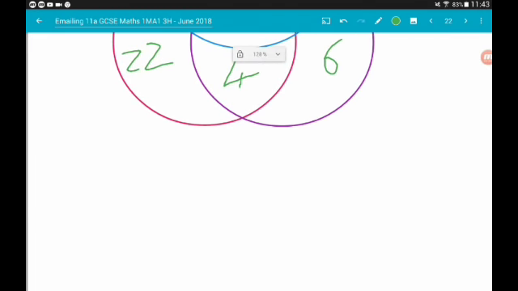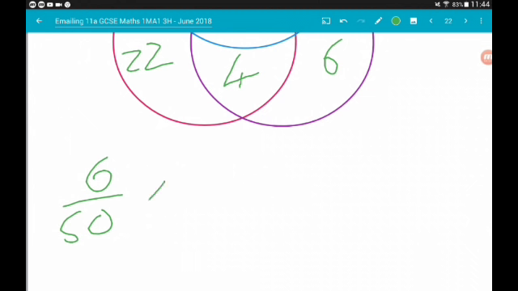So now we need to work out the probability that 2 people chosen at random speak only Spanish. So the probability of the first one is 6 out of 50. Now for the second choice, there's going to be 1 less person who speaks only Spanish and 1 less person in total.